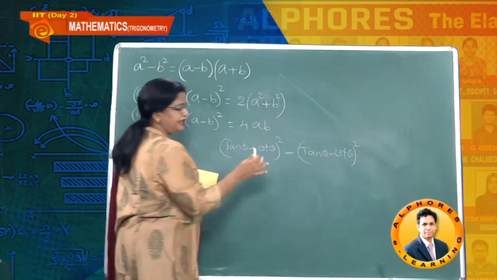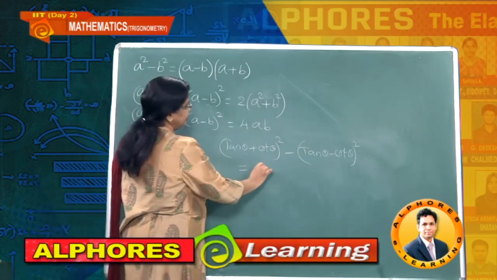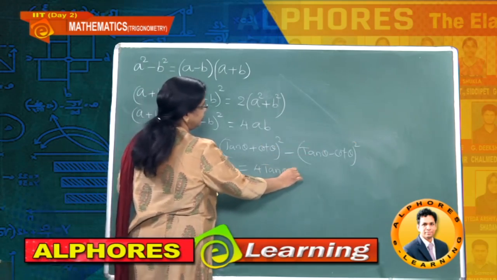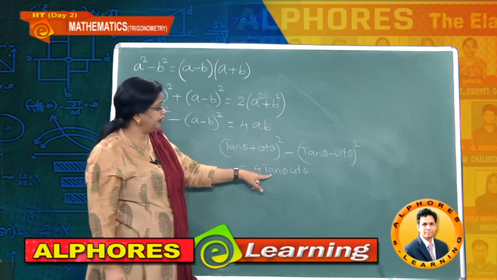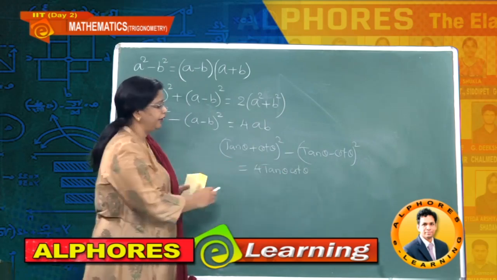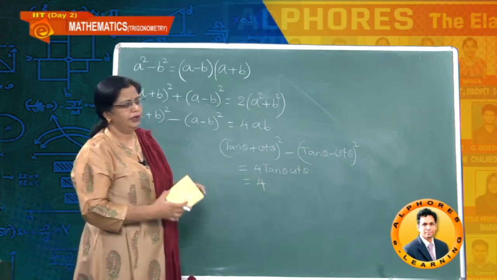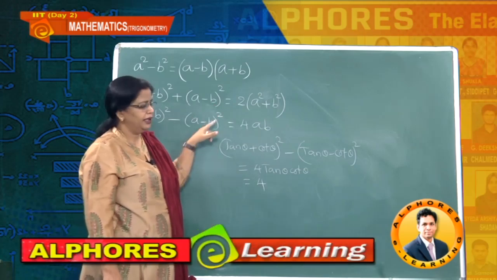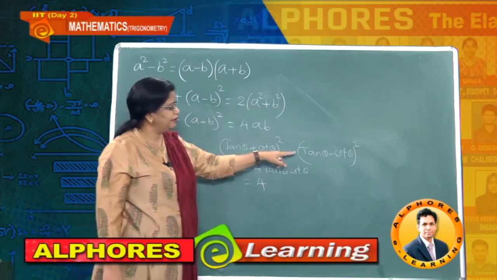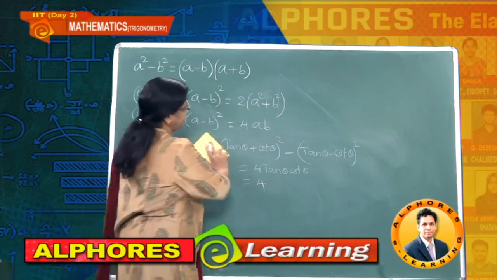Suppose a problem is given in this way, then directly you can write this value as 4 times tan theta into cot theta, and in the previous session we have observed tan theta into cot theta as 1. So this value is nothing but how much? 4. That is why please do not ignore these types of formulae, and in problems whenever you come across something like this, directly you can make use of it.